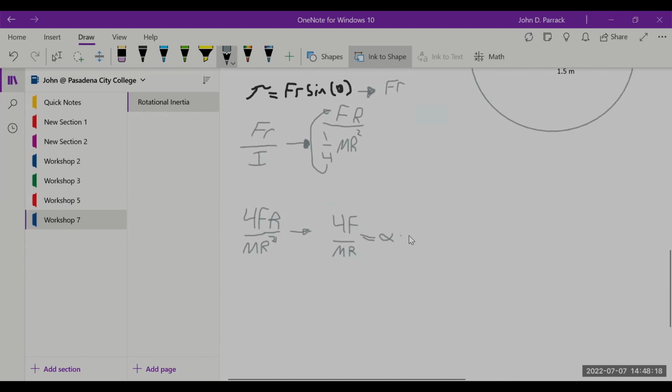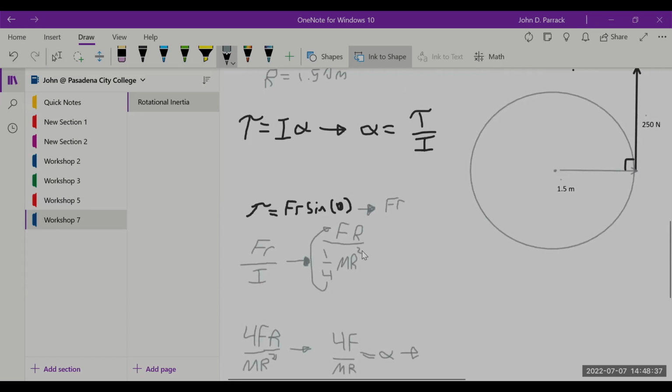So we can punch this into our calculator real quickly. What do we have? 4 times 250 on top, divided by the mass of the merry-go-round, which was 50 kilograms, and 1.5 was the radius.